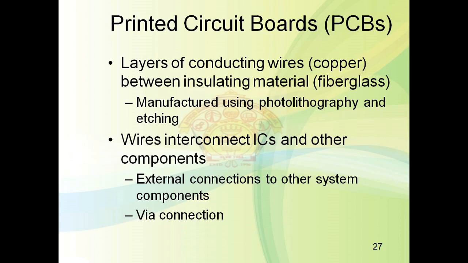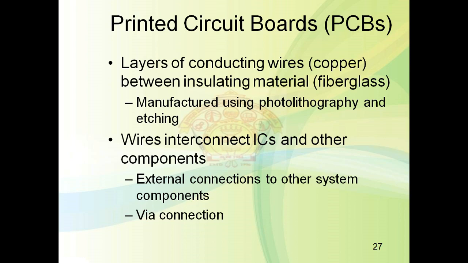This is called a via connection between the layers. In case of connection between different layers, we have to drill the hole through the layers and pour the material into it, and that is called a via.